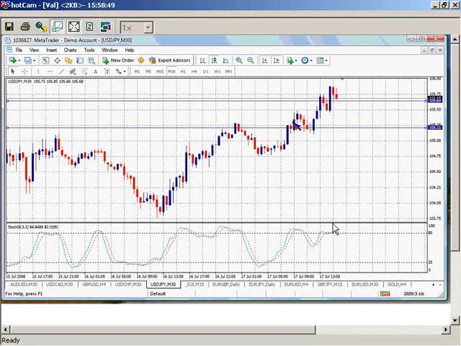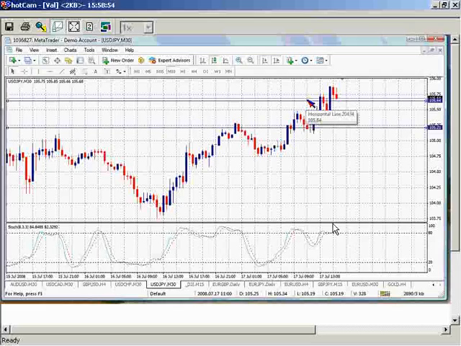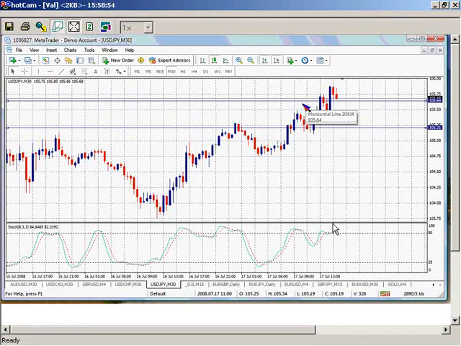Once the pair confirms above supports and resistance, we have an entry point and a probable confirmation of our trade. And going back to what I was saying before I was interrupted by the phone, the idea is to include supports and resistance in our trading plan.